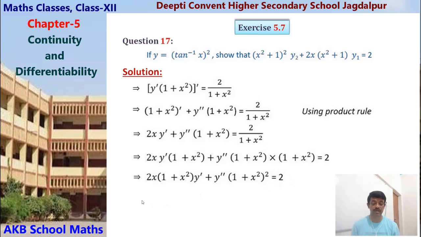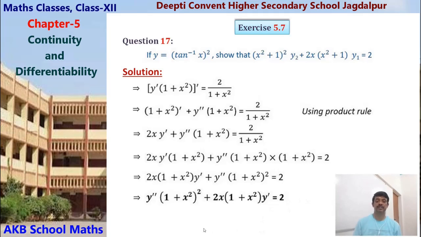That is, y double dash means y2 and y dash means y1, so (1 plus x square) square y2 plus 2x (1 plus x square) y1 equals 2. So this is the required result. Here y dash was missing, so take note that y dash is here.